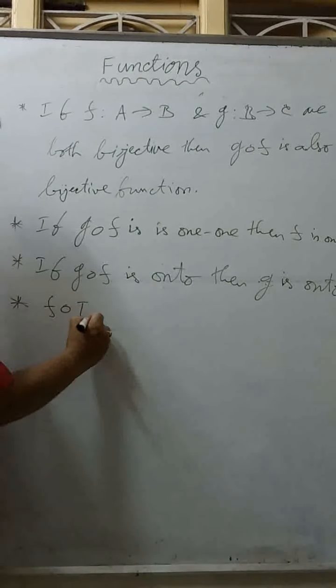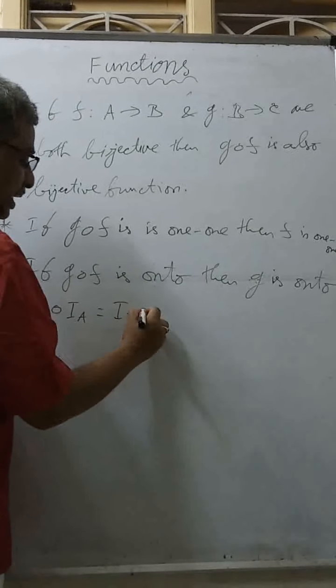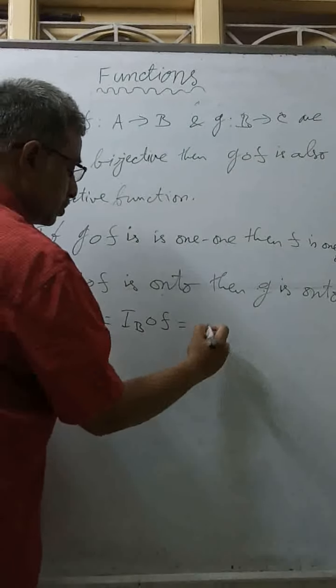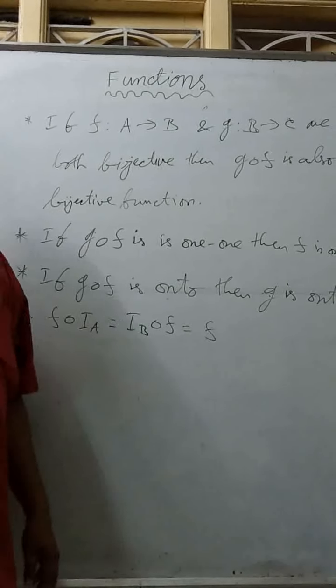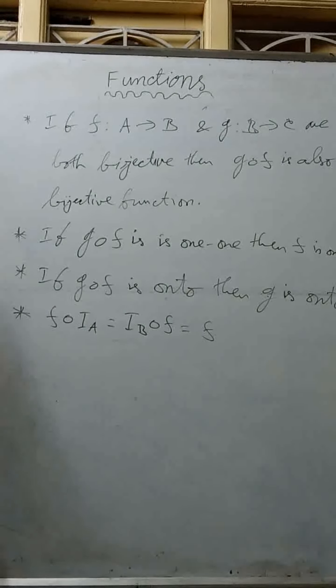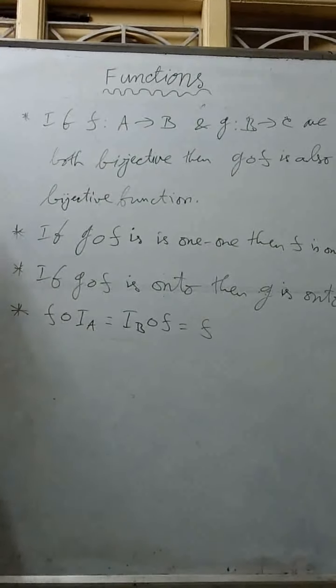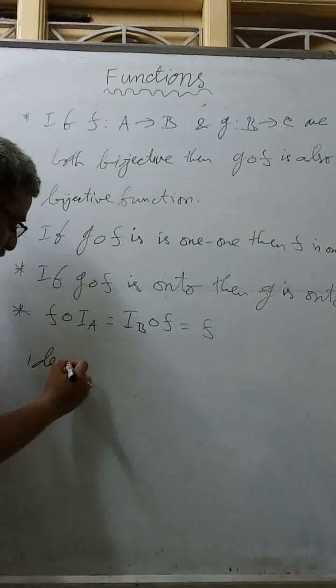Next, F circle IA equal to IB circle F equal to F. Here IA and IB are called identity functions. What is an identity function? I will just repeat.